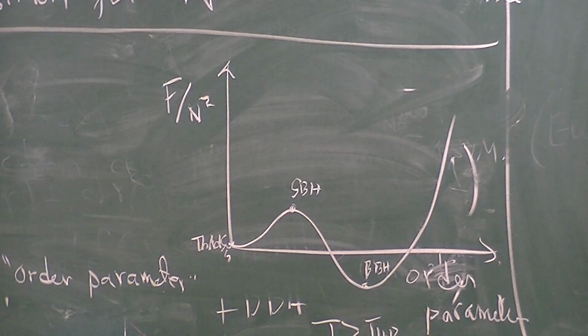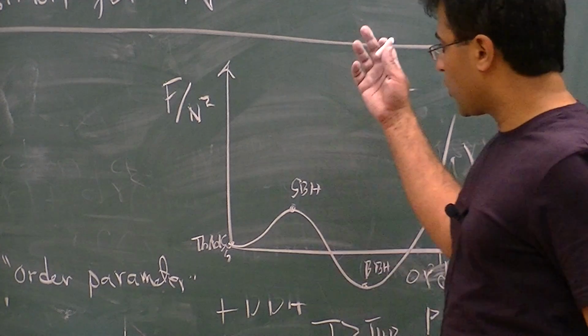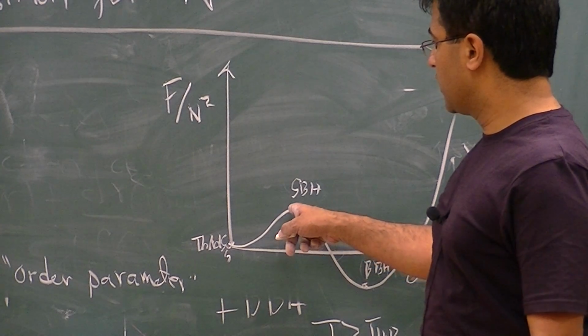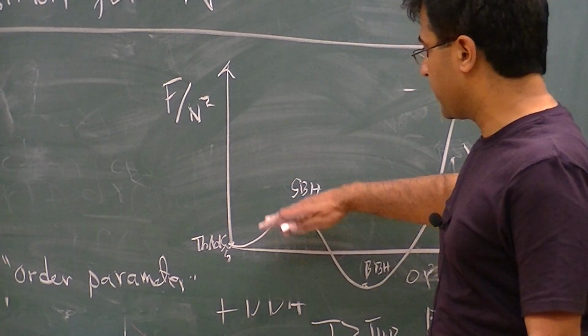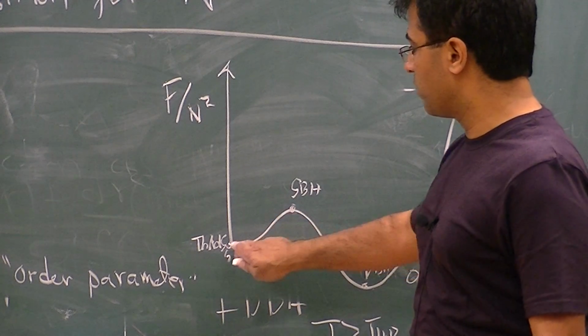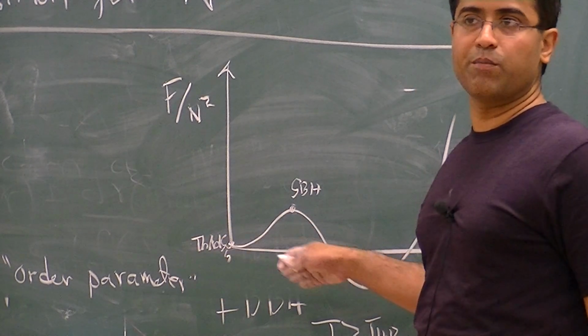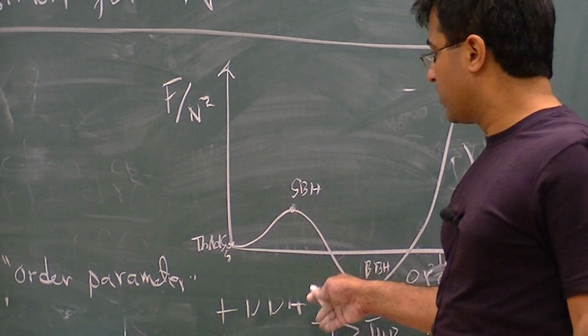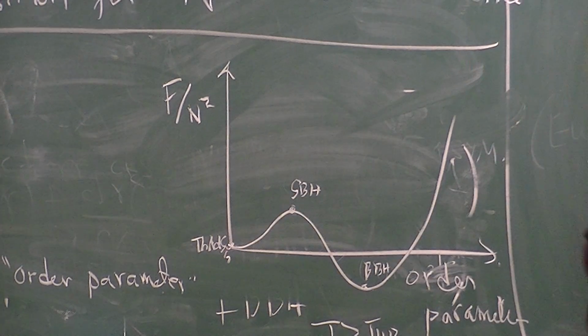And if you keep increasing the temperature further and further, it's clear what's going to happen eventually. There will be some asymptotically high temperature at which this curve is going to keep coming down. At some point, the small black hole saddle will merge with that. That's the only thing that can happen to these kinds of functions. And it will cease to be a stable saddle.